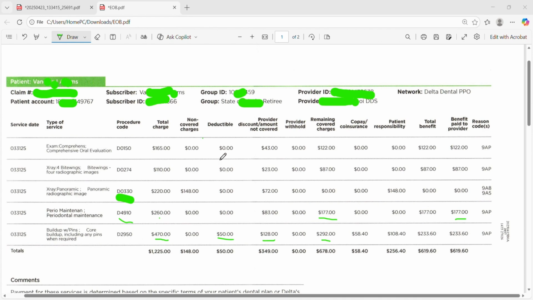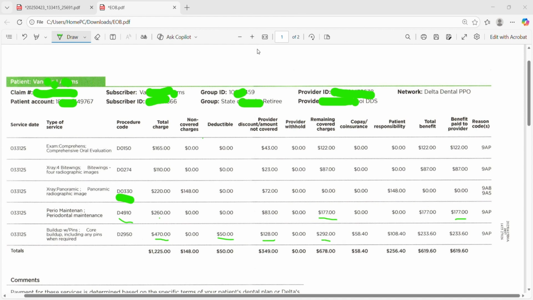Since there's a deductible of $50, let's subtract the $50 first, to get $292, which is the total remaining covered charges for this procedure.